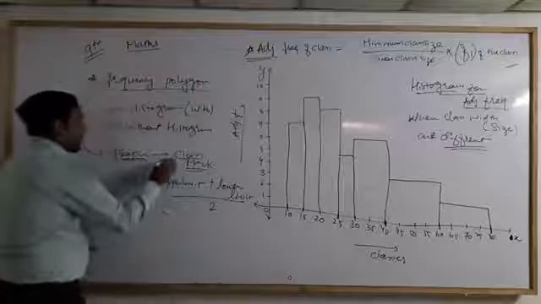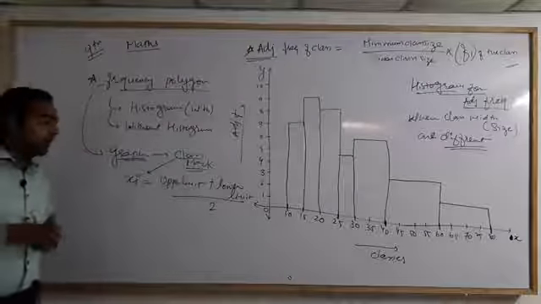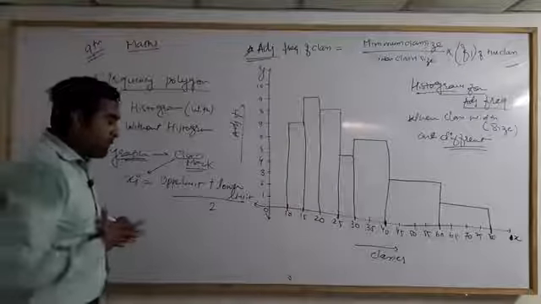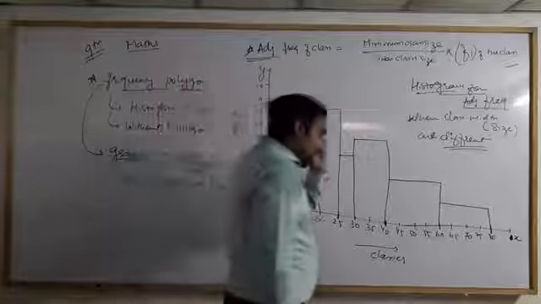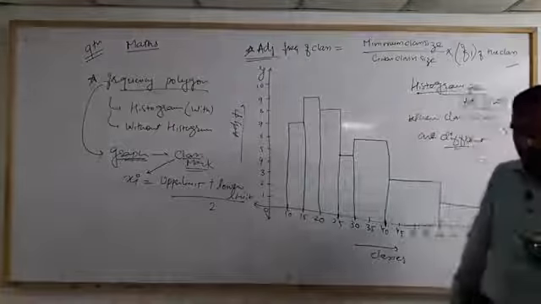That is my definition of the class mark: upper limit plus lower limit of the class divided by 2, or lower limit plus upper limit divided by 2. Okay, students?